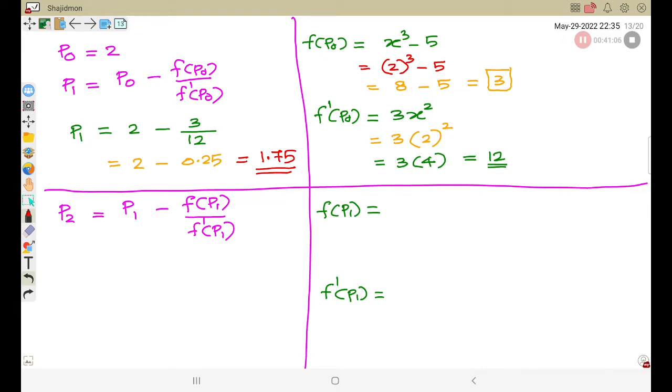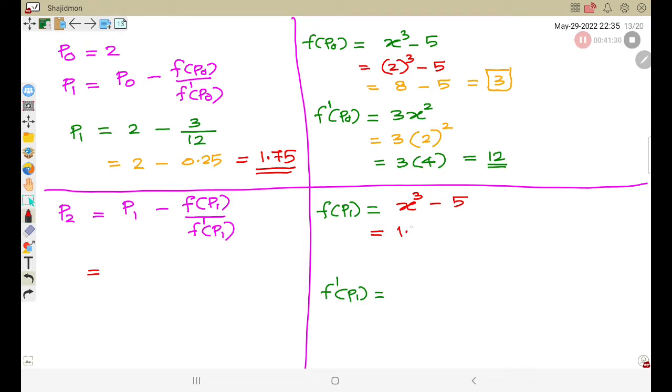P2 equals P1 minus f of P1 divided by f dash of P1. Correct. Now, what is the P1 value here? 1.75. So first we are calculating f of P1 and f dash of P1 separately. What is f of P1? f of x means x power 3 minus 5. Now instead of x, replace P1.